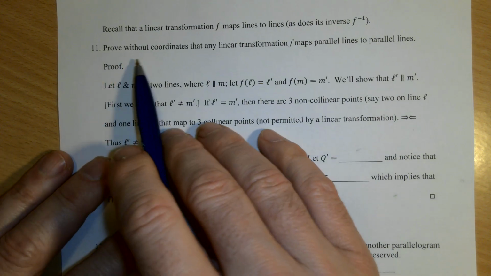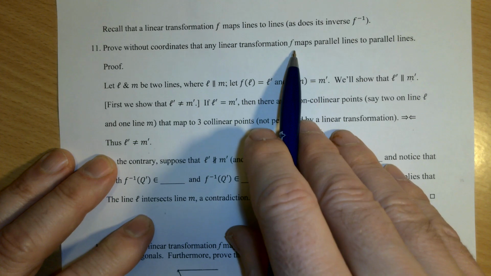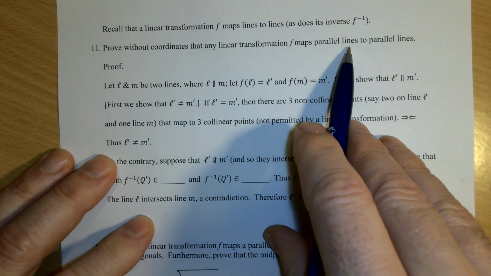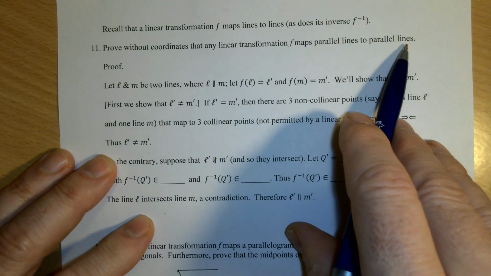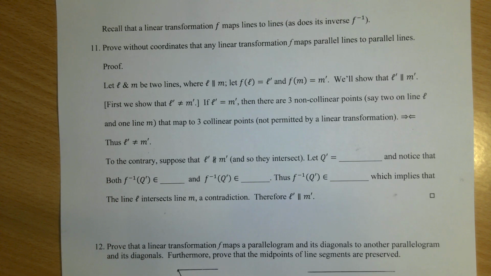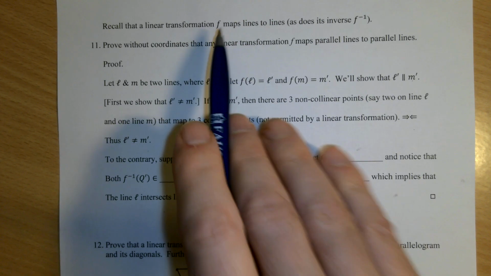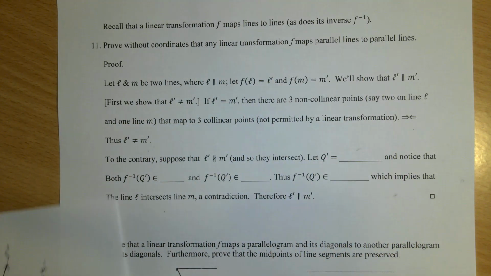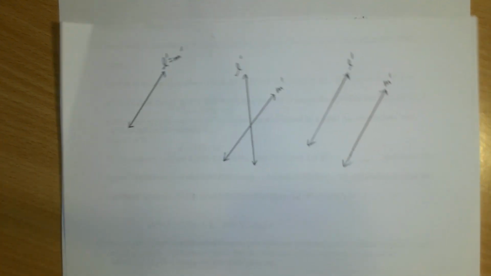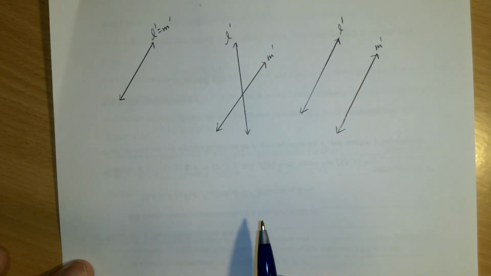Okay, so let's prove without using coordinates that any linear transformation, f, maps parallel lines to parallel lines. So if we take two lines that are parallel and then we apply the linear transformation f to them, we will also get two parallel lines. First, remember that we only have three cases when we're talking about two lines in the plane.